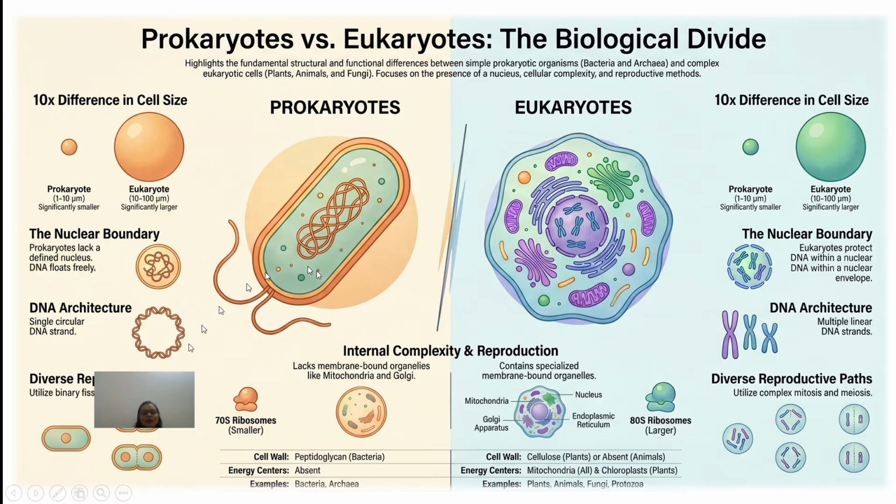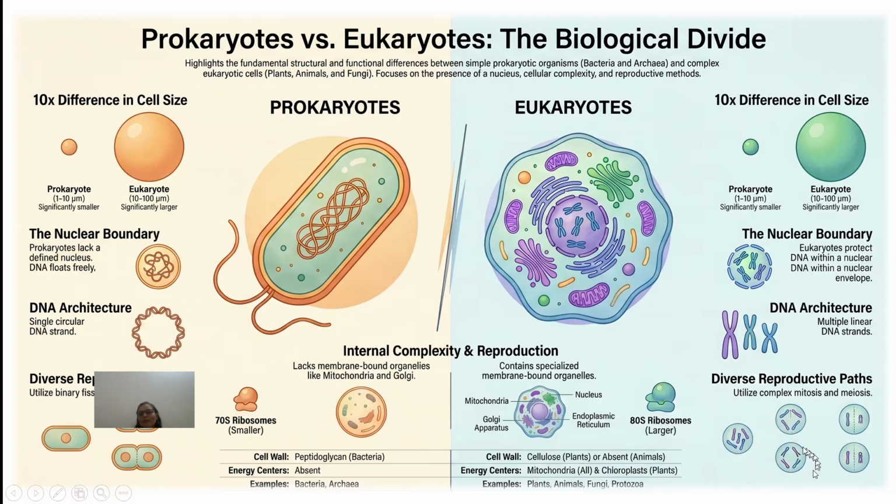So how do prokaryotic cells reproduce, how do they multiply? They multiply by binary fission, while in eukaryotic cells, reproductive cells are divided by meiosis, and normal cells are divided by the mitosis process.